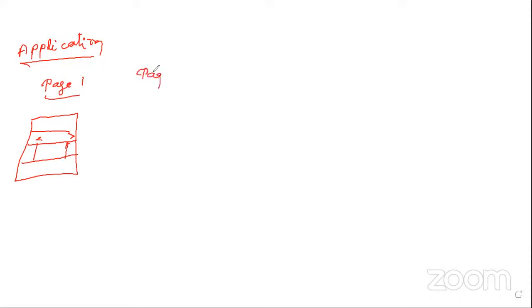listen carefully. Page 1. For page 1, we have to build one different layout. Header, maybe this is an image slider, left sidebar, right sidebar, and footer. Think about it. This is one page, and you can also go for different pages.